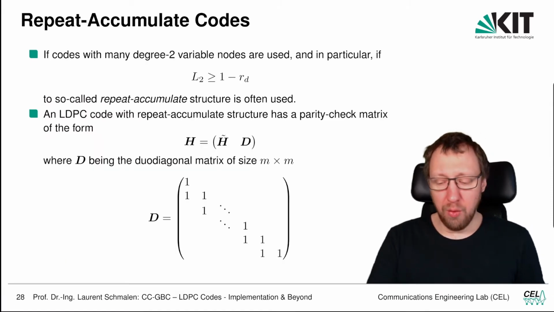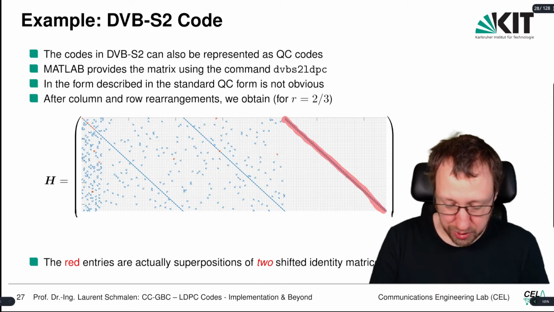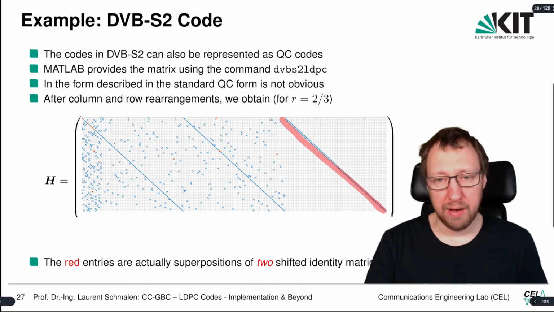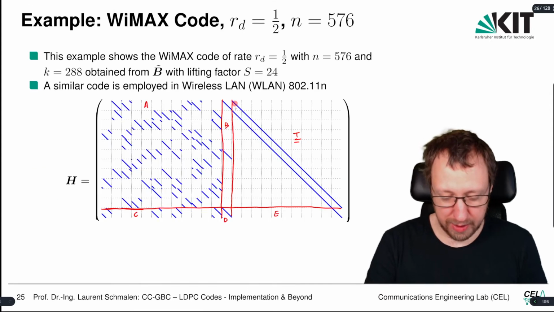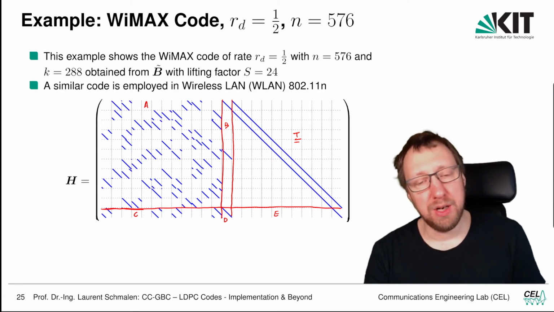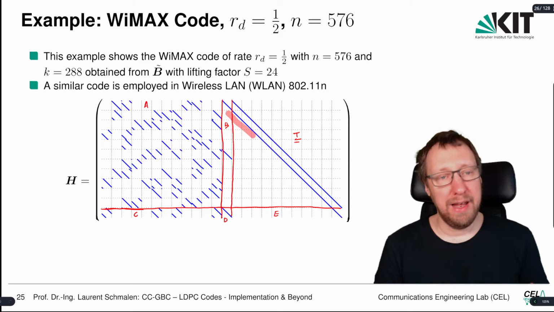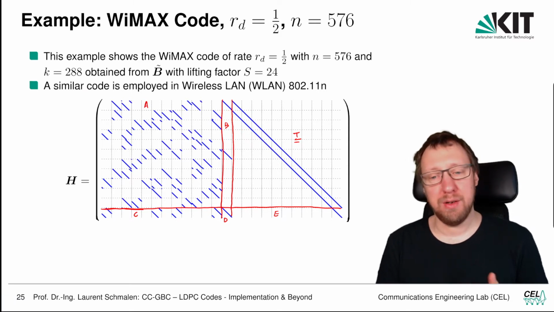So now we're looking closer at codes that have this special structure that we can use for encoding. It turns out that this is something special, because having this structure essentially violates everything we learned about LDPC codes so far.